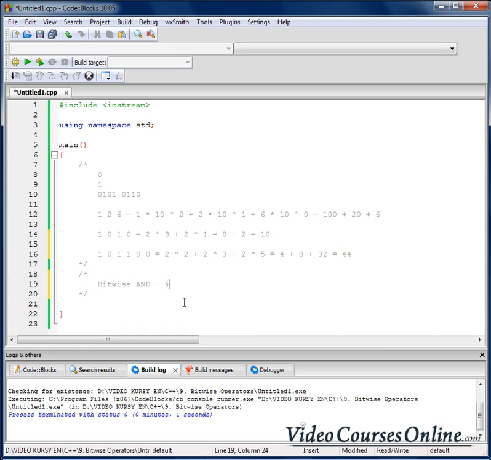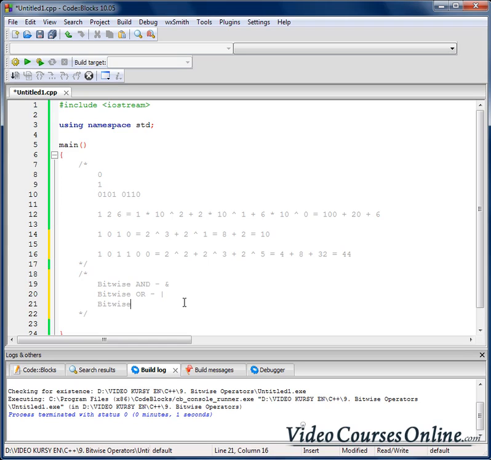It works like the relational operator AND, but remember, this time we are operating on bits, not on the results of expressions.